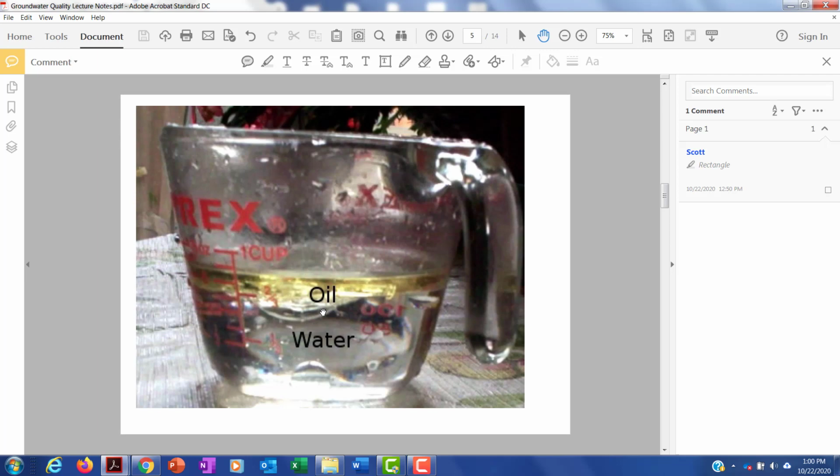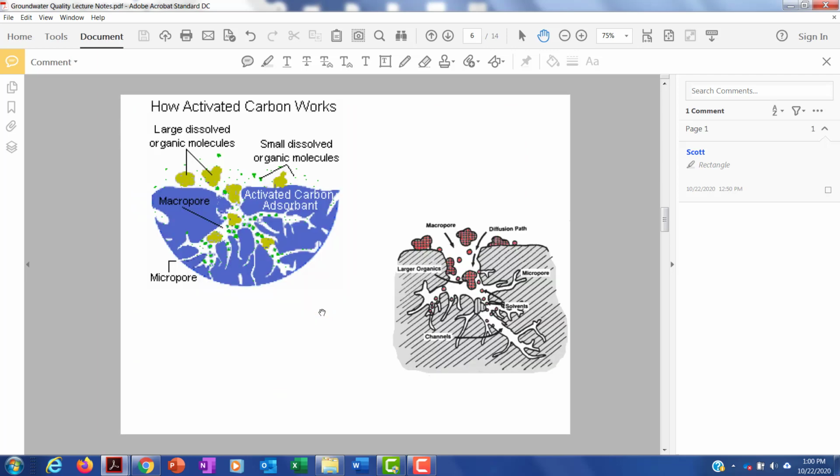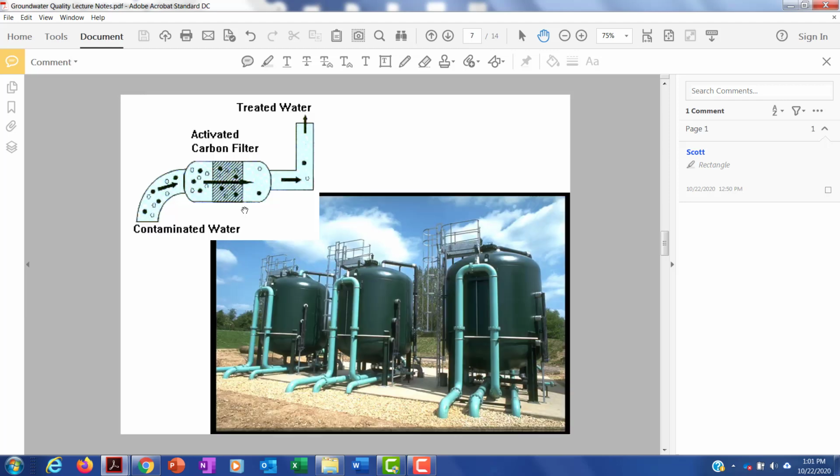And so therefore, in the world of treating water, that's a good thing, because you can then take the water and percolate it through carbon. Carbon is an organic substance, and the organic molecules in the water will love to dissolve into and attach to the organic carbon. So the result is contaminated water comes through, trickles and filters through the carbon, and it comes out clean.